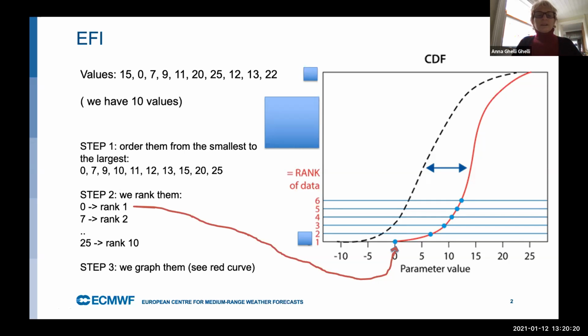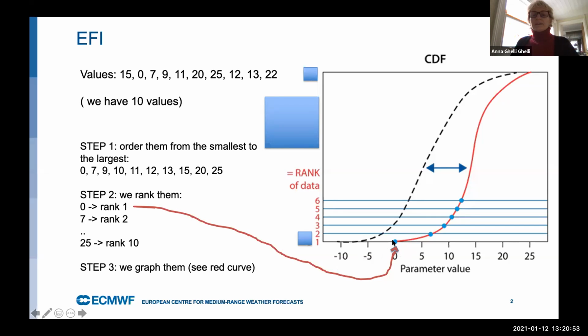Okay. Then what we do here is we just graph them, put them on the graph. The graph will have on the y-axis the rank, so the position of our number in the series, and the bottom one will have the parameter values, which in our case is the precipitation. We won't have negative precipitation, so we will start from number 0. So the first value, rank 1, is 0, so we put it right at the bottom.